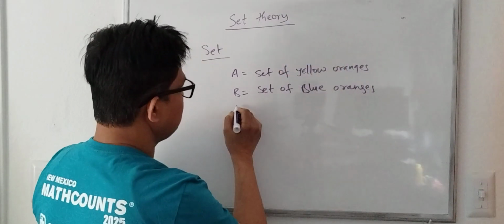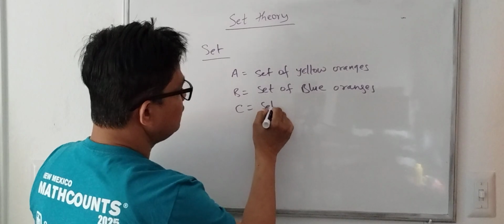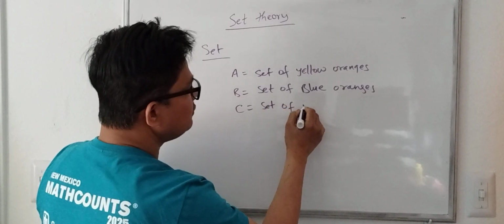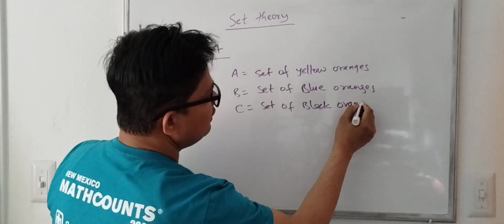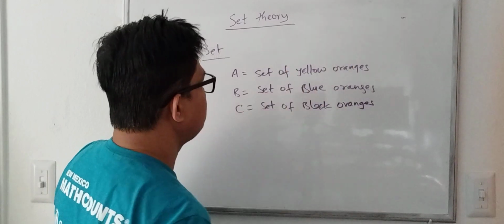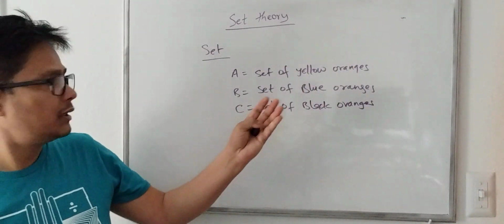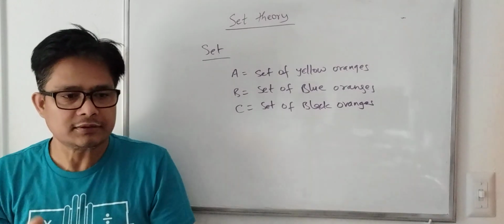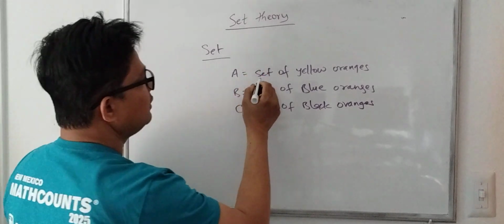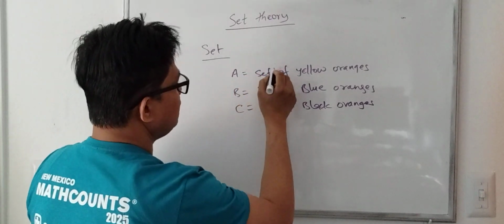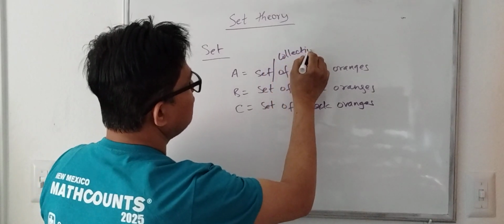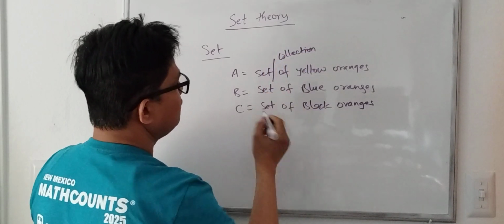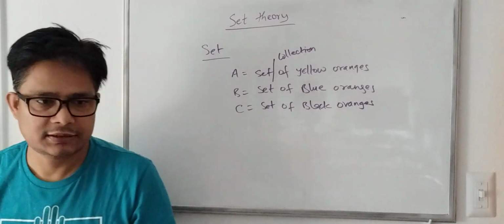Let's assume they do. C is a set of black oranges. Yeah, I know, just for the learning purpose. So it's nothing but a group of, or instead you can also say, a collection of objects.